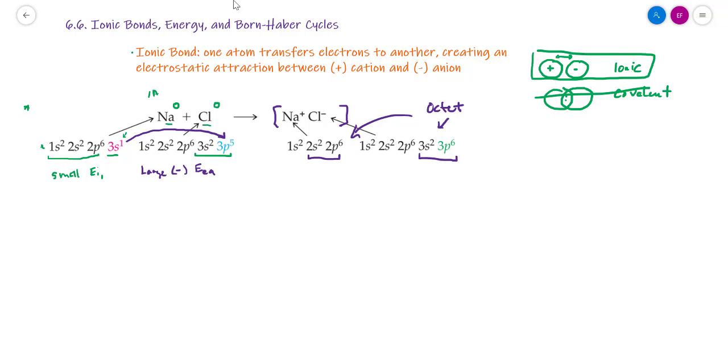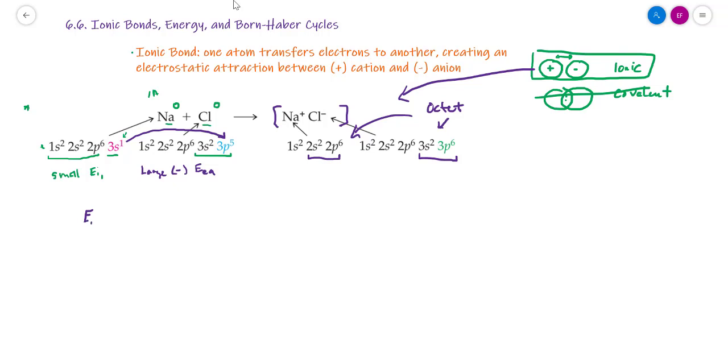The positive and negative nature of these ions after the electron has been transferred gives rise to how this ionic bond forms. So how can we think about the two energies involved in this process and what the net energy change is in this reaction? We know there's an ionization event, and we also know there's an electron affinity event. Let's write these out.